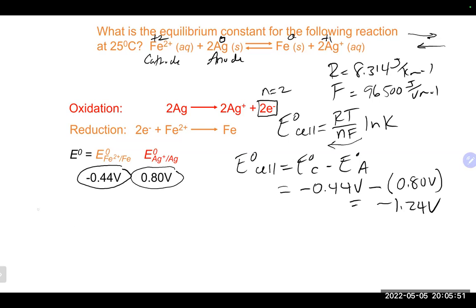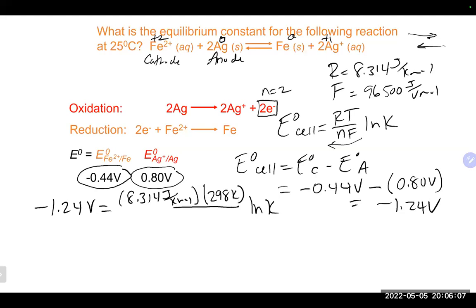Now we have E of the cell. We can take our minus 1.24 volts equals our 8.314, our temperature, which is 25, so 298 Kelvin, natural log of K. And our n is 2 moles, and our Faraday's constant, obviously 96,500 joules per volt per mole.